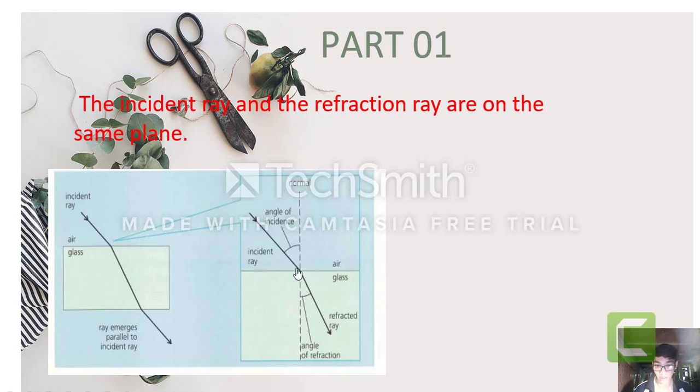It is the same for refraction: the angle of refraction is the angle between the refracted ray and the normal. The incident ray and refracted ray are on the same plane, the plane created by the incident ray and the normal.